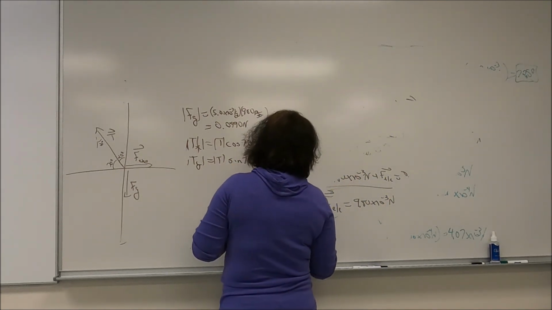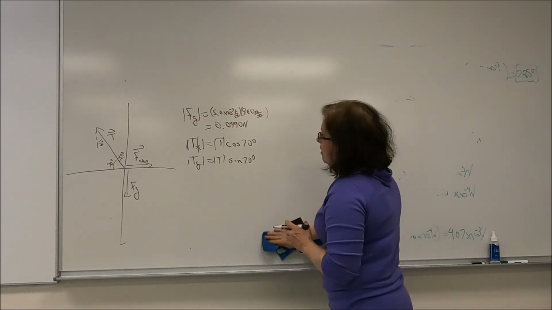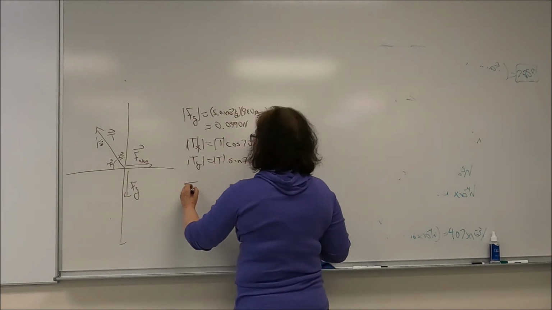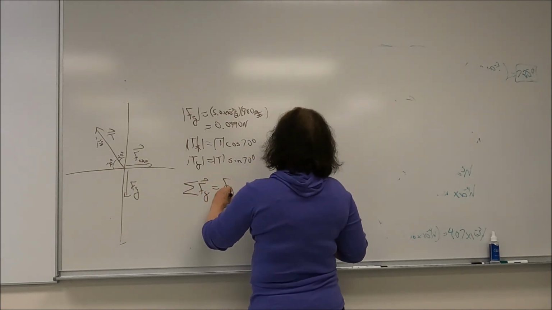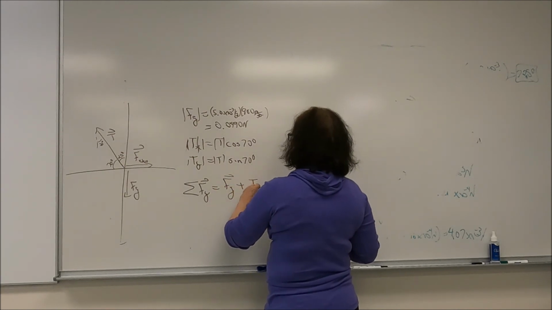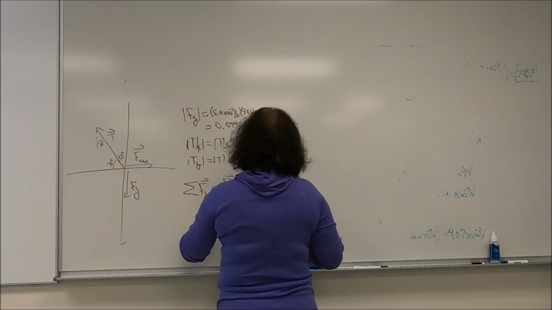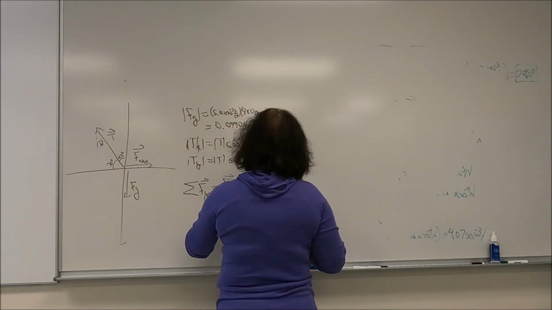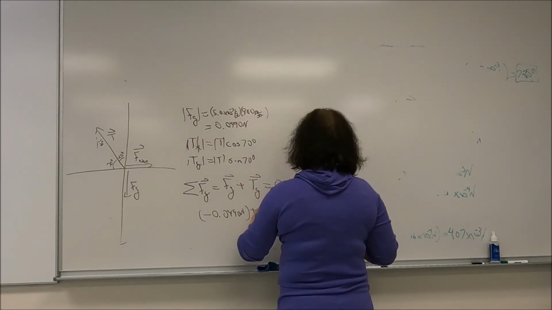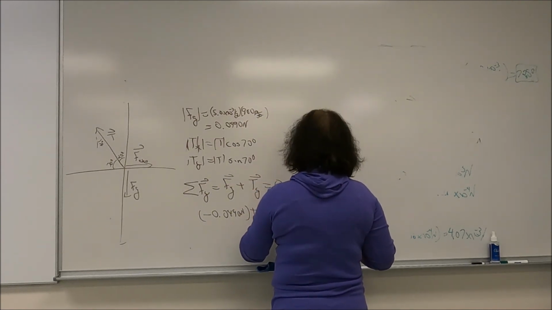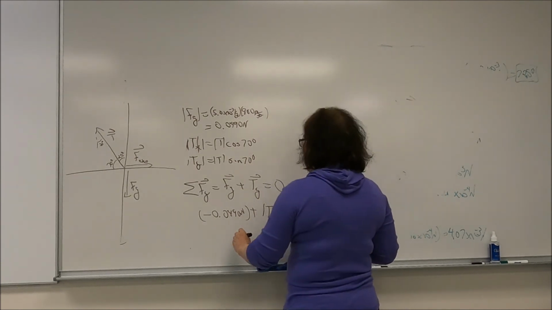Okay? Now, the only force that I know is my force due to gravity. So I'm going to look at my sum of the forces in the y direction first. So I'm going to have force due to gravity plus Ty, and that's going to sum up to be 0. So I have a minus 0.0490 newtons plus Ty, which is the magnitude of T, sine of 70 degrees, having to add up to be 0.